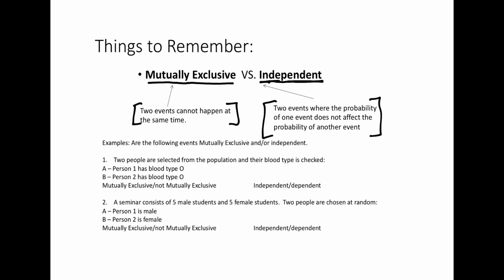Well, with two people being selected, we could definitely say that they could both have blood type O, right? So they are definitely not mutually exclusive.